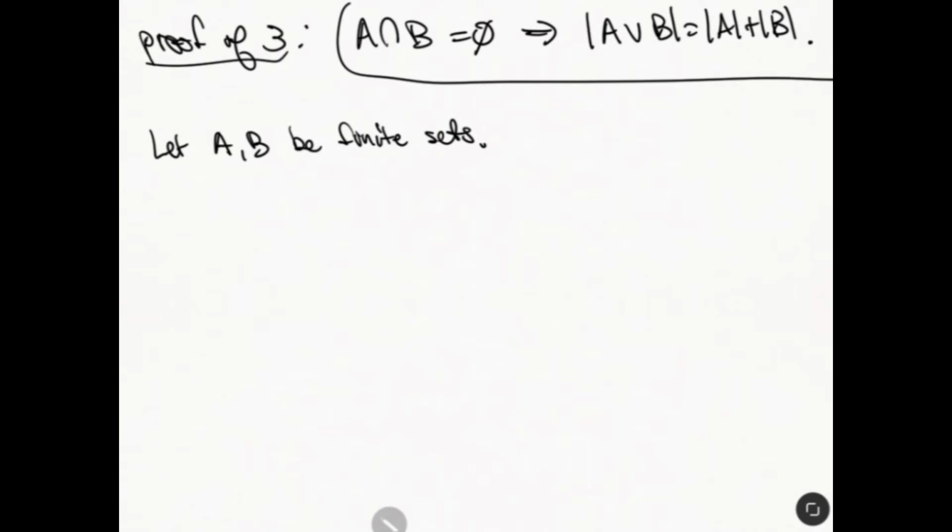Okay, so then A union B is a finite disjoint union. So we just write it out.